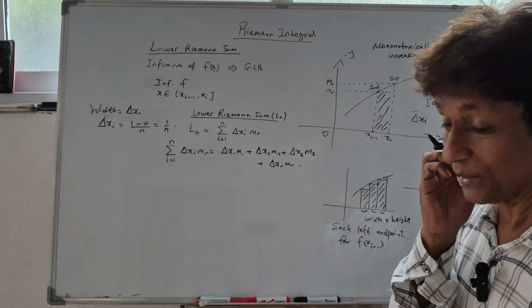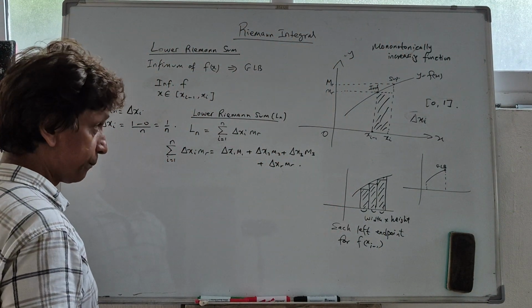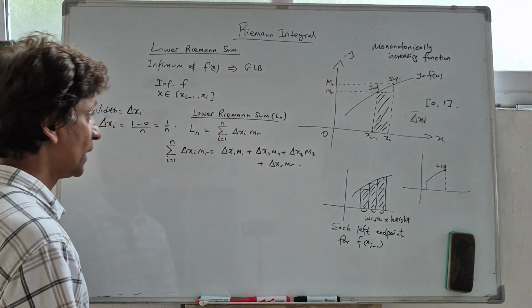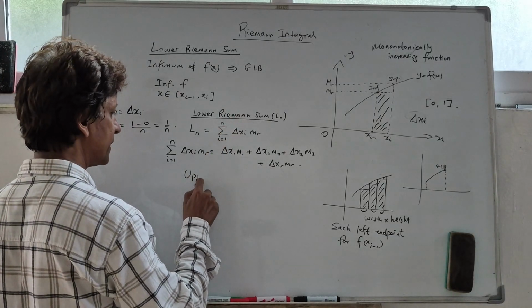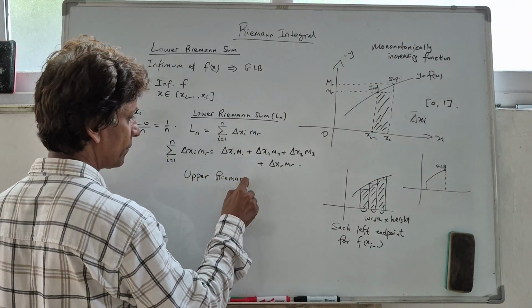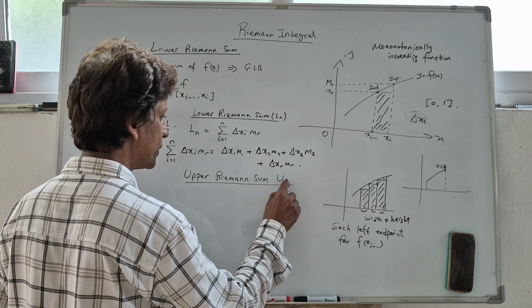So the upper Riemann sum, very interesting. It's going to be the opposite of everything. Instead of the infimum, now we're going to be taking the supremum. So let me write it in bold here, the upper Riemann sum. I'm going to denote it by Un.